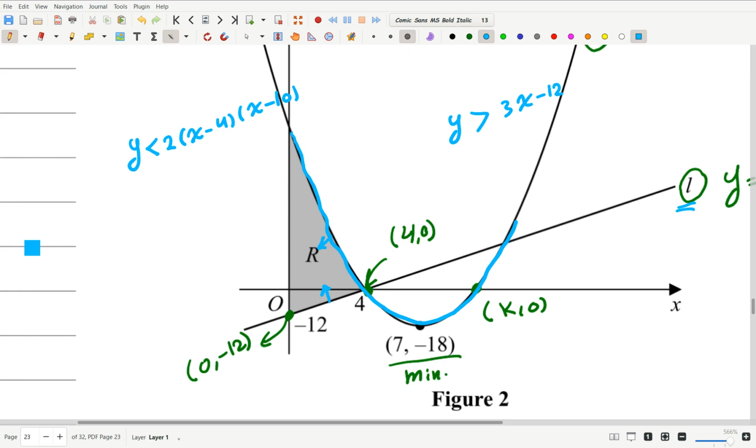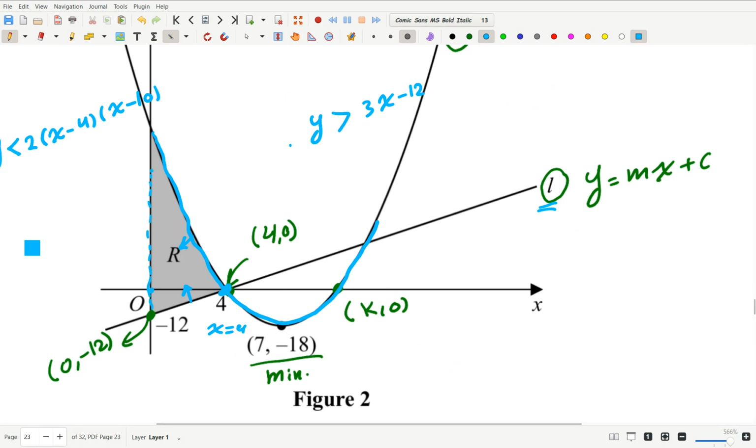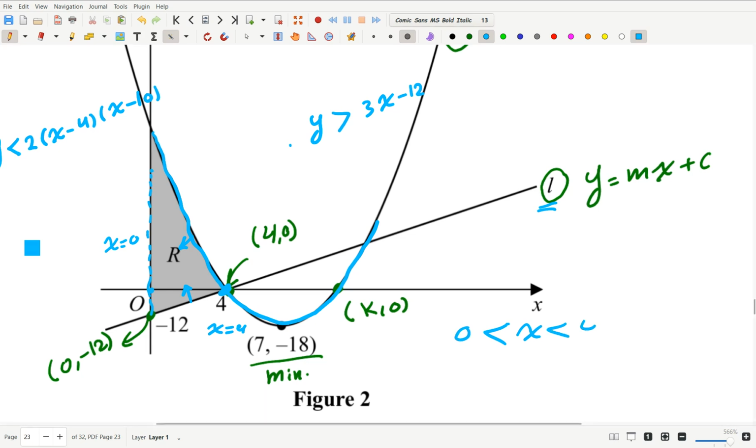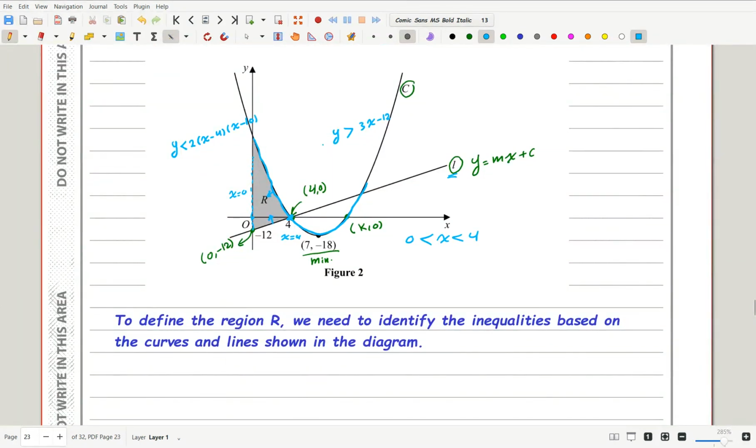And here we have this point, x equals 4, and here the point which is on the y-axis, which is x equals 0. So x is greater than 0 and less than 4. So this question is to define the region R, we need to identify the inequalities based on the curves and lines shown in the diagram.